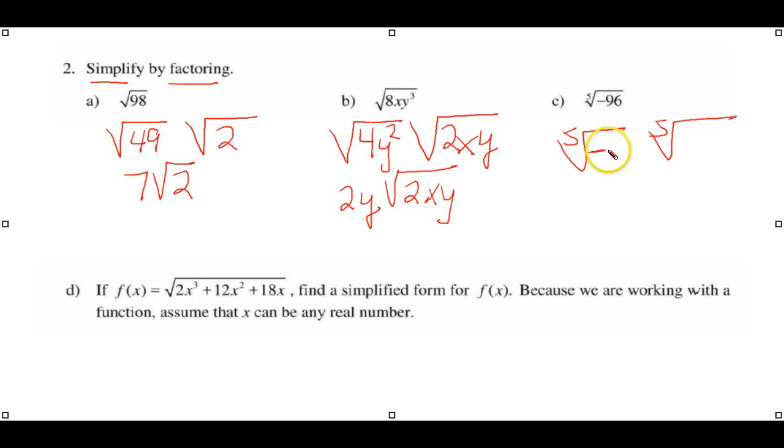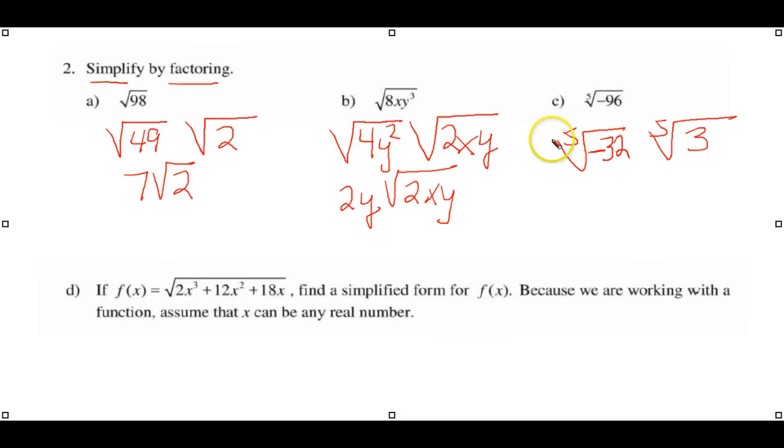And if I take a 3 out of there, I get negative 32 times 3. Because 32 is a perfect fifth power.